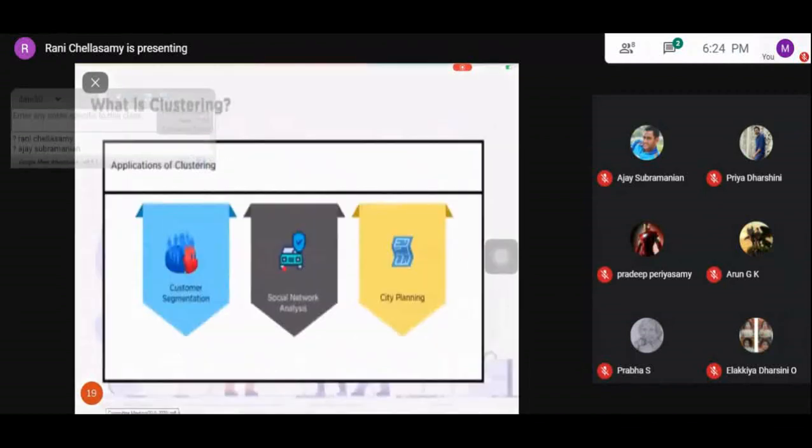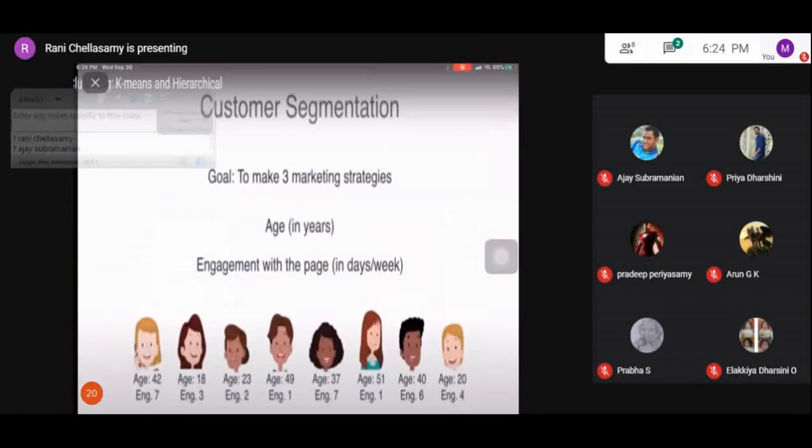So what are the applications of clustering? We can have customer segmentation, social network analysis, and city planning. Let's take the example of customer segmentation. Your objective is to make 3 marketing strategies.